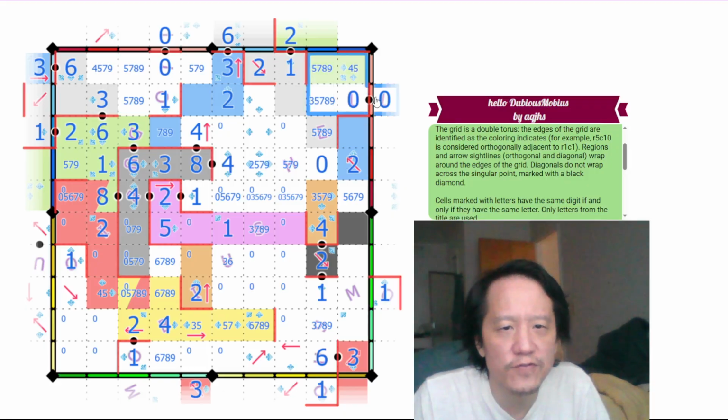So this must be 4, and it must be these 4. So this is 4, and it sees only these. That means this is green. So this cannot be green here. This corresponds to here. So this is 4.